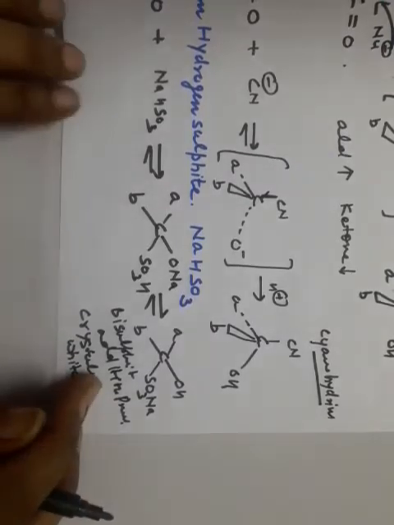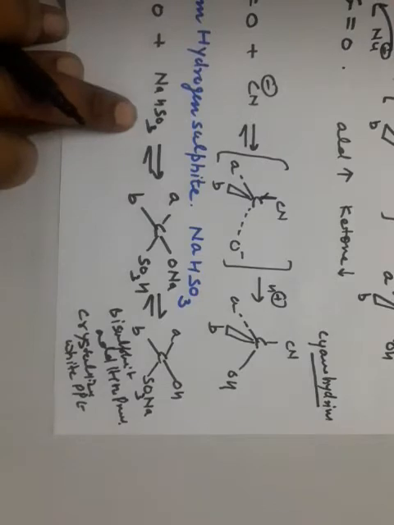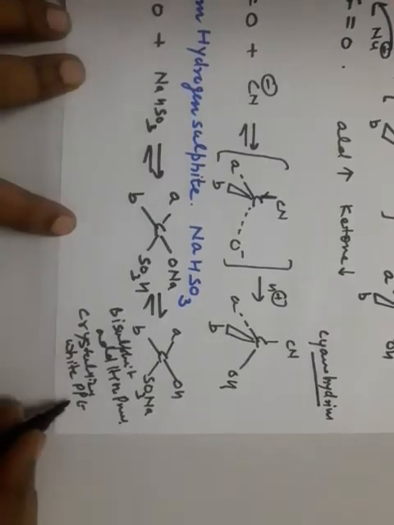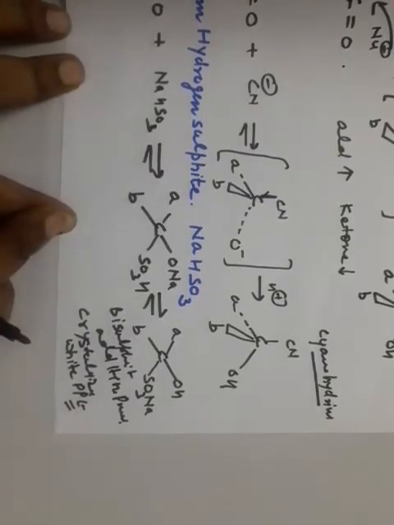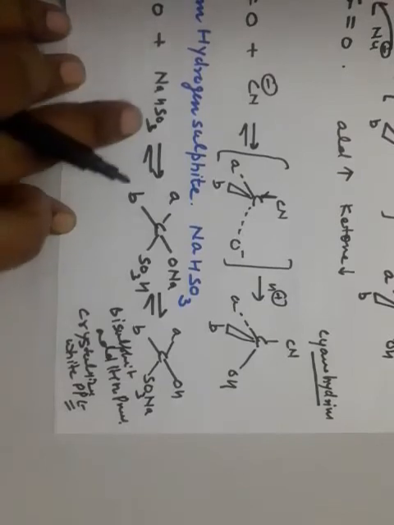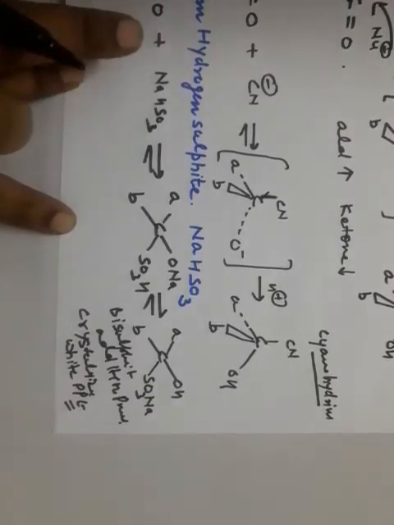So when we treat aldehyde with sodium hydrogen sulfite, it gives a white precipitate. Whereas in the case of ketone, this reaction is very slight and the amount of precipitate is too low. So with the help of this reagent, we can distinguish aldehydes from ketones.